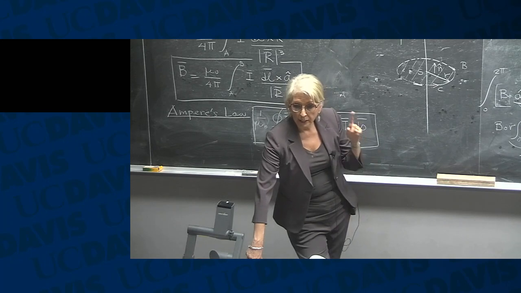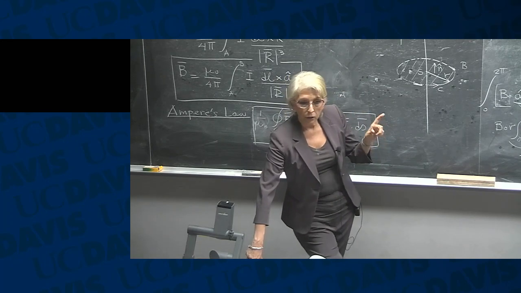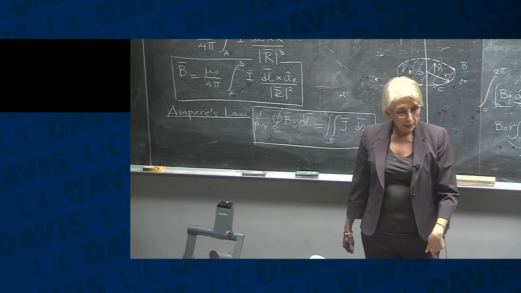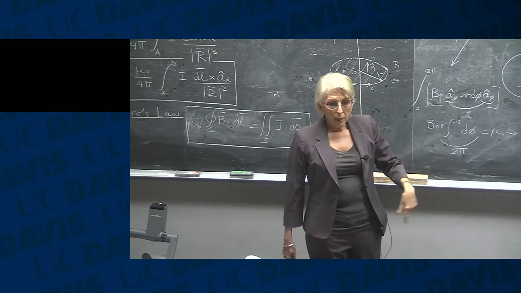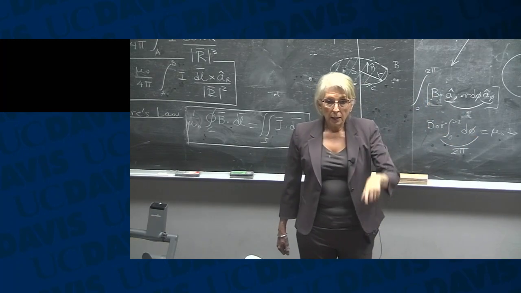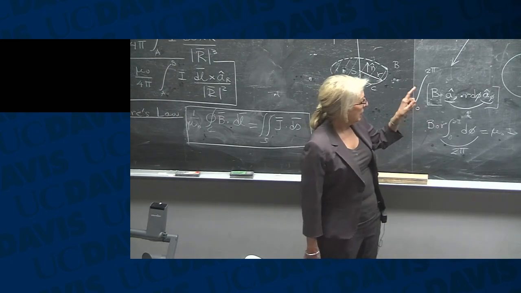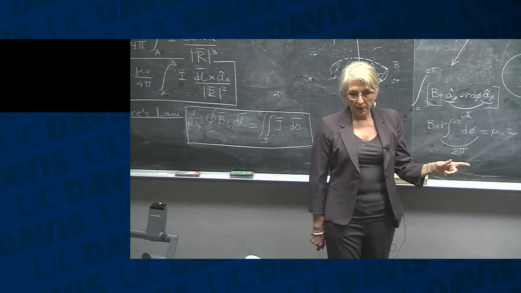Remember that? It changes as 1 over r. So if your source is an infinite line charge, it generates an electric field which changes as 1 over r. If it's an infinite current line, it generates a magnetic field that changes as 1 over r. So you need to remember that.